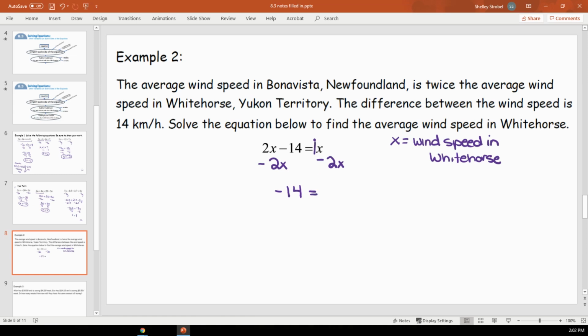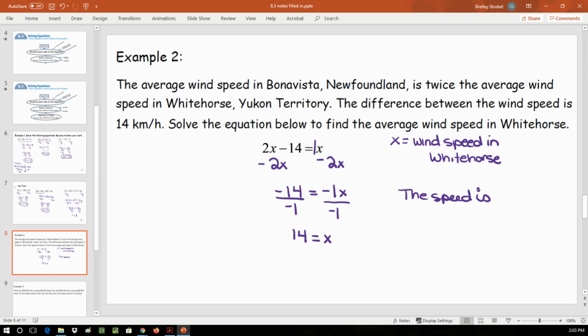And on the right side, 1x minus 2x is negative 1x. So I can divide both sides by negative 1, and x is equal to 14, or 14 equals x. So the average wind speed is 14 kilometers per hour.